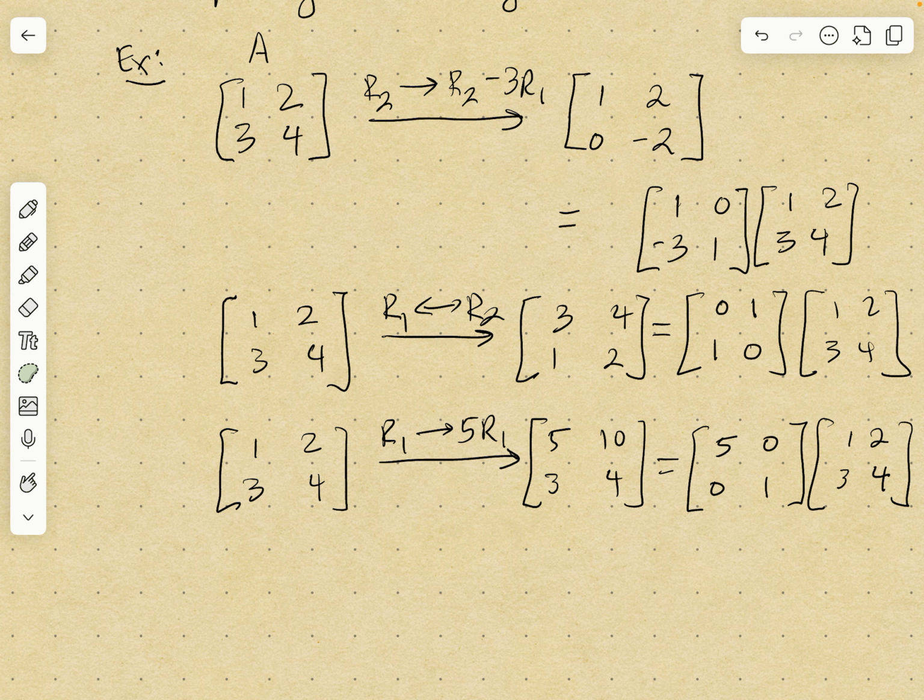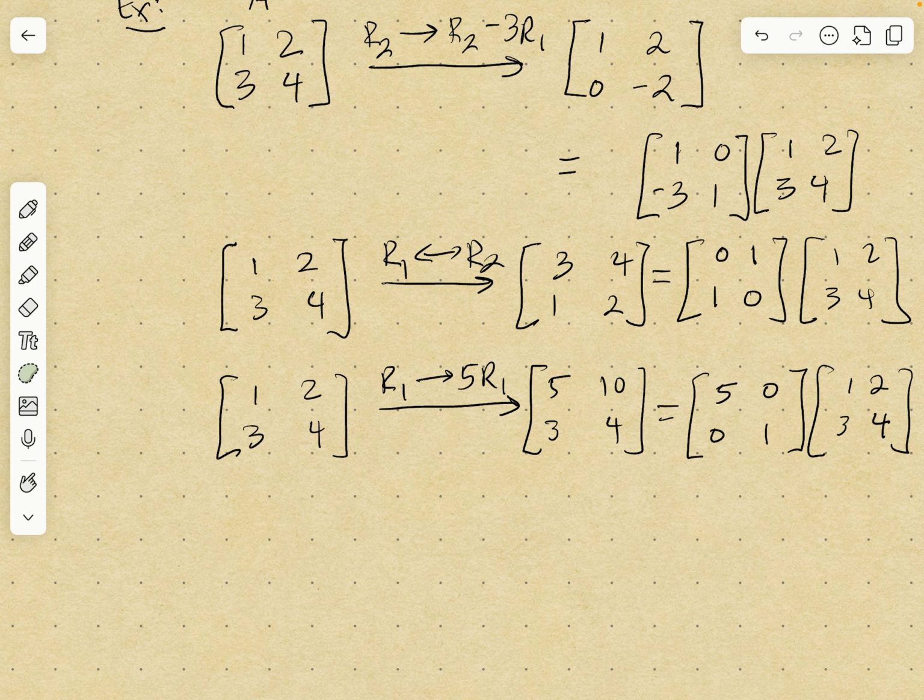You can check in a bunch of examples that it's true, but one way of thinking about why this theorem is true is that when you multiply by a matrix on the left, what you're doing is taking linear combinations of the rows of the matrix on the right.